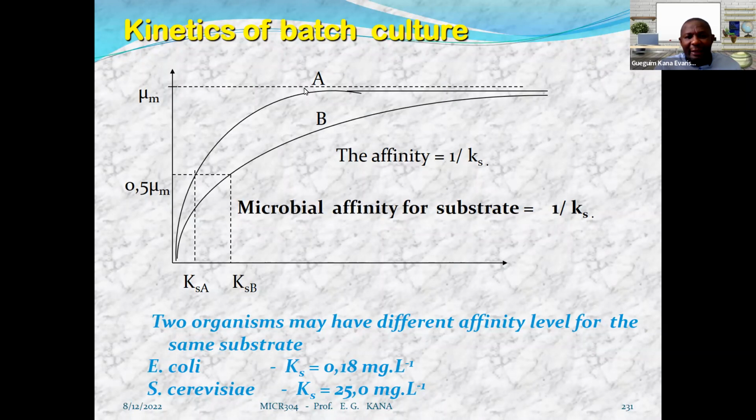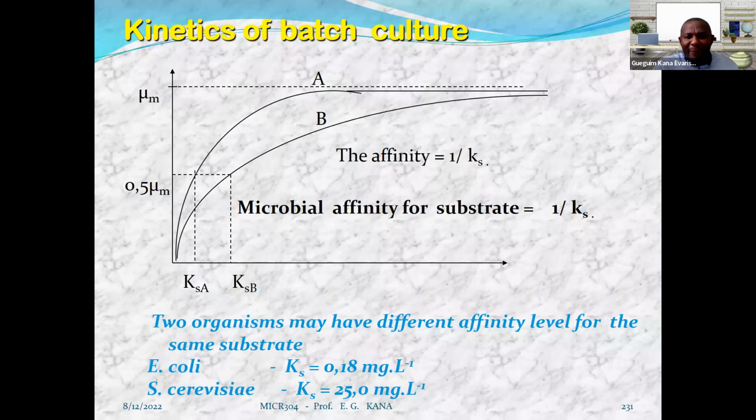Let's assume that A is a graph obtained when E. coli was growing on glucose. Let's make the assumption that the substrate in question here is glucose, and A is a graph obtained when E. coli was growing on glucose, whereas B is a graph obtained when Saccharomyces cerevisiae was growing on glucose.